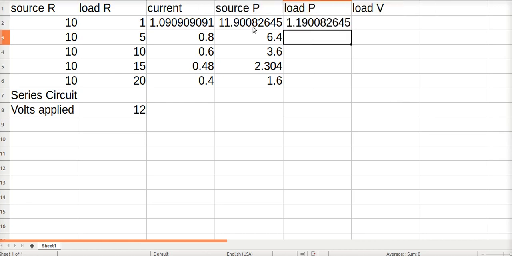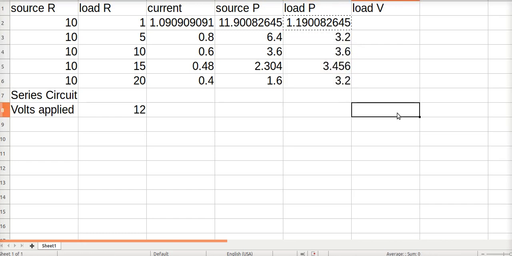And so there's my source power, there's my load power, and Control C, Control V. That's pretty quick, right? That's a lot better than doing all these calculations.